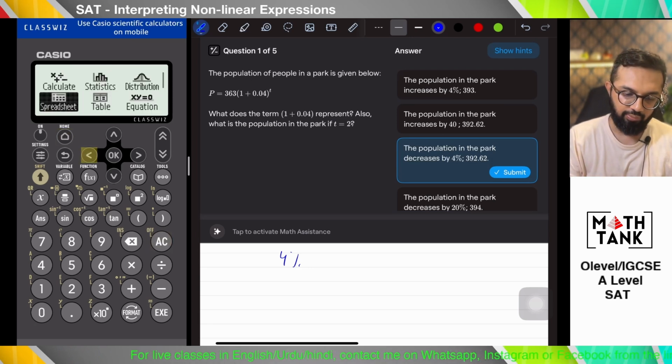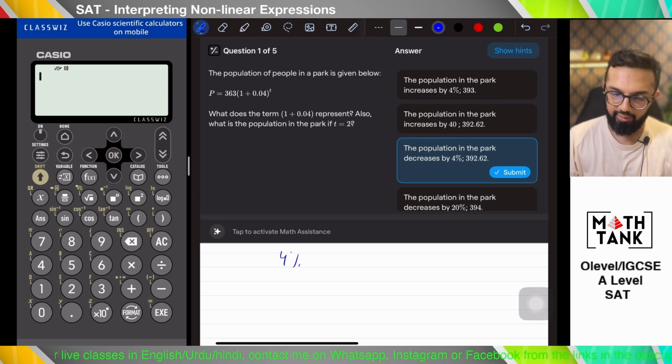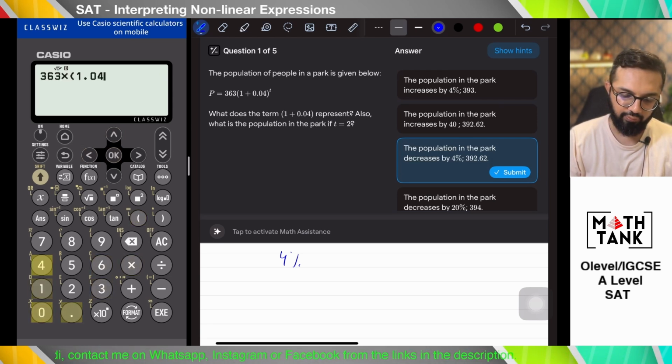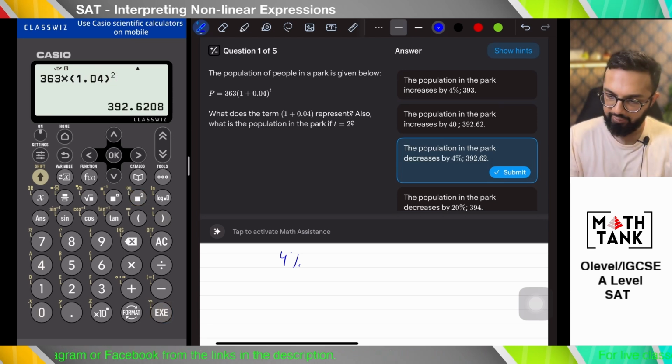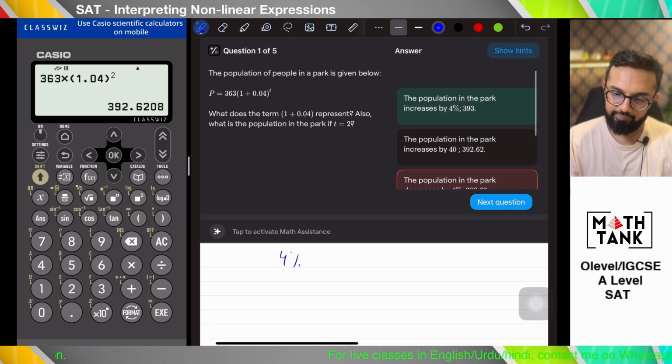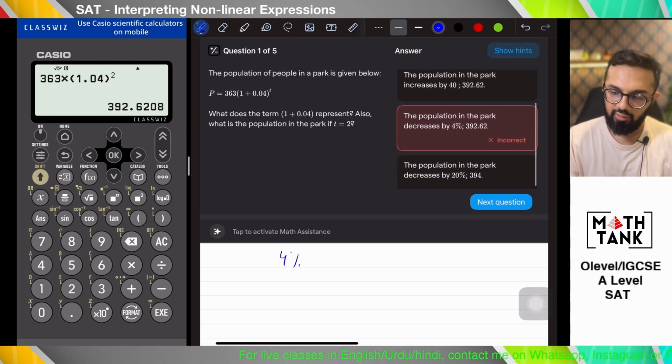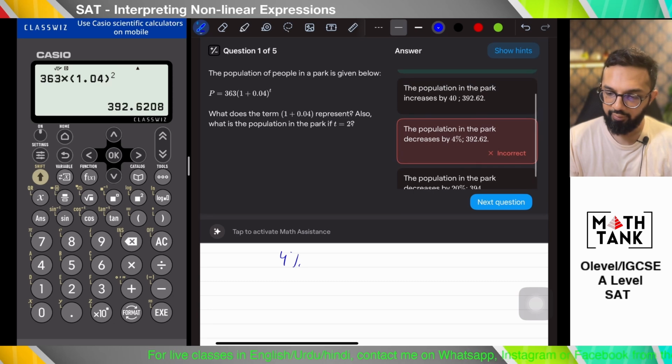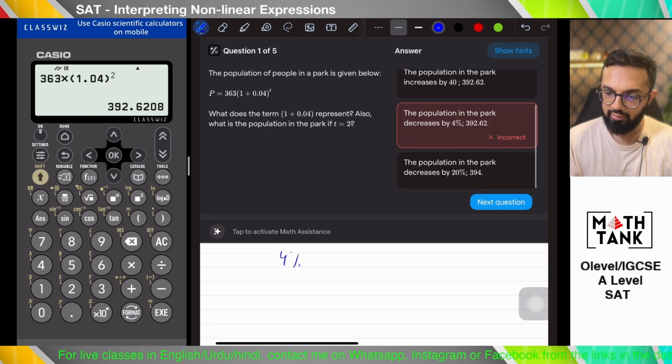That makes it more complicated because I have to go all the way, 363 times 1.04 power 2. That gives 392.62. They've rounded off, so I'm not sure why that is even a question.